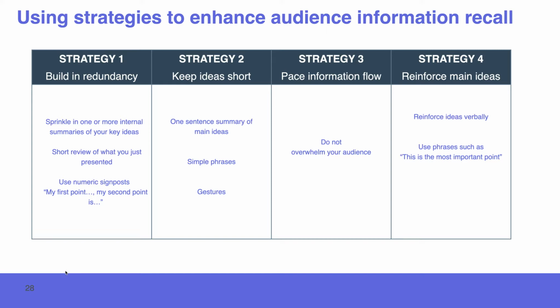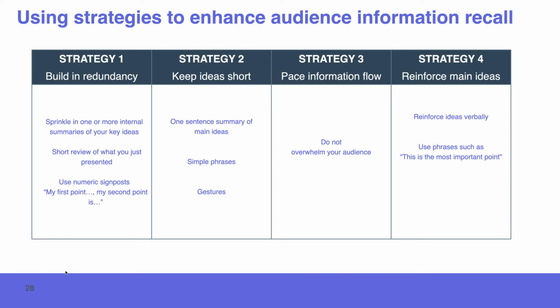Okay. Second thing is, even when you're doing those transitions, keep them short. Keep your ideas short. Most of your ideas, even your main ideas, should be like literally 1 or 2 sentence summaries, no more. Use some gestures. It breaks it up, and it helps with remembering things. And then don't give them too much information. You know why?